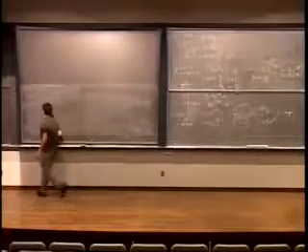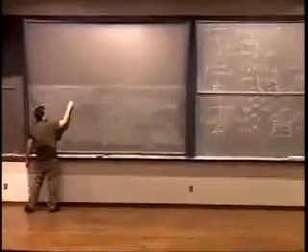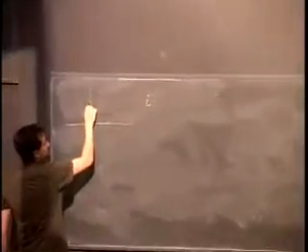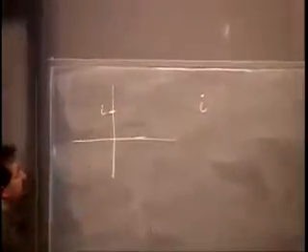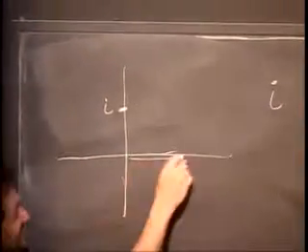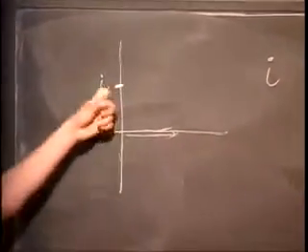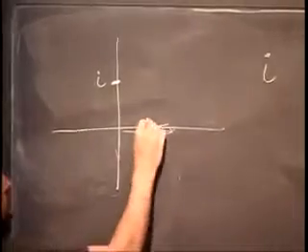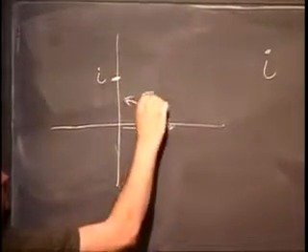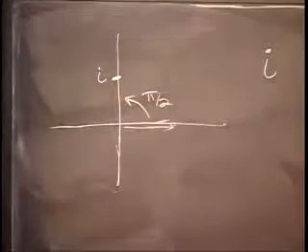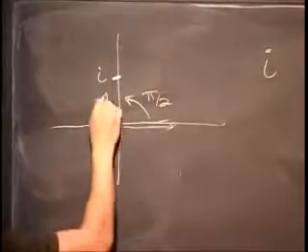Here's one. What's the point i in polar form? Well, let's look at where it is. You never have to wonder about this. You just have to plot the point and say, okay, if I was facing this way, how would I get to this point i? Well, I would have to turn pi over 2, and then I would have to walk 1.